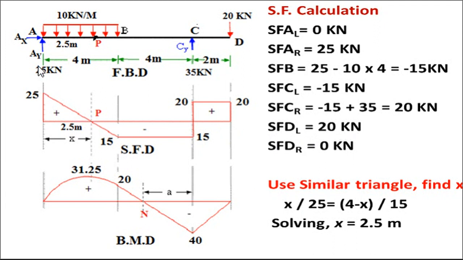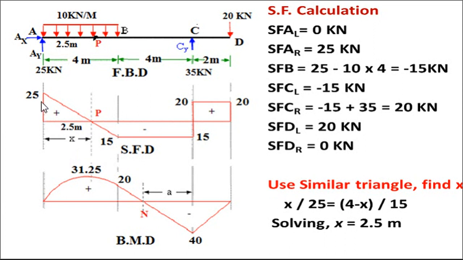Because of this UDL, the sign of this line changes from positive to negative. At P there is an intersection point, P. So let us calculate the location of this particular point P from station A. For this you consider these two similar triangles, take the similar triangle conditions and find this x value.